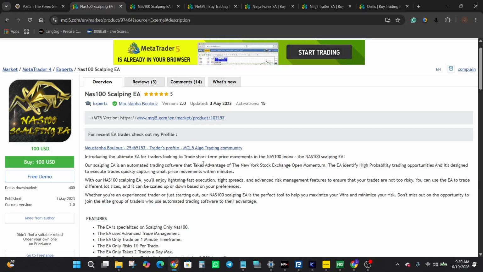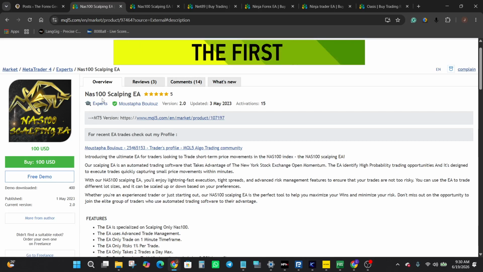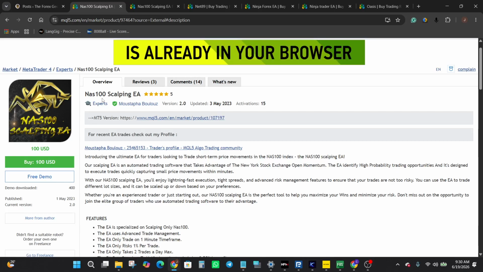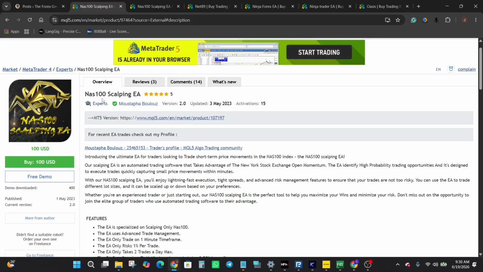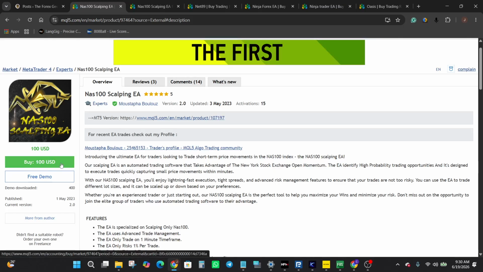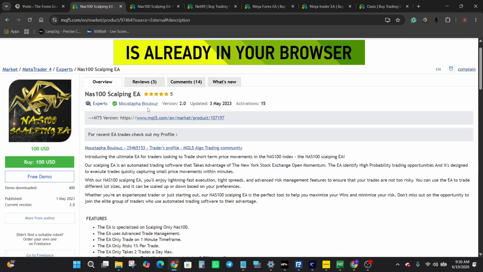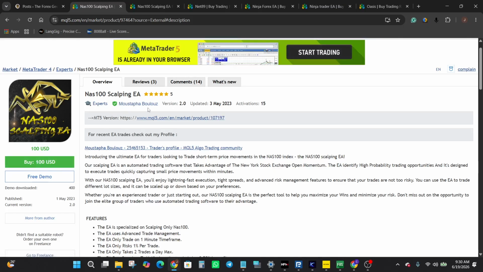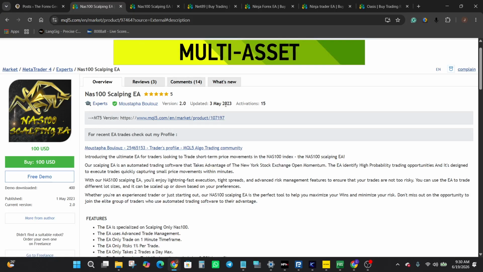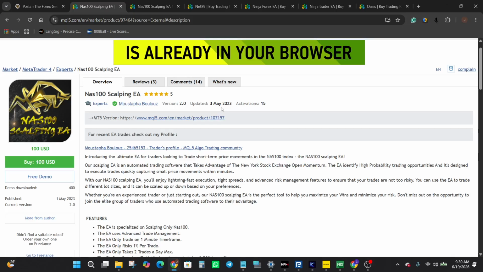Okay, so starting with the Marketplace page, NAS100 Scalping EA is currently listed at 100 US dollars. The developer is Mustafa Bolos, and the version shown here is version 2.0, updated in May 2023.